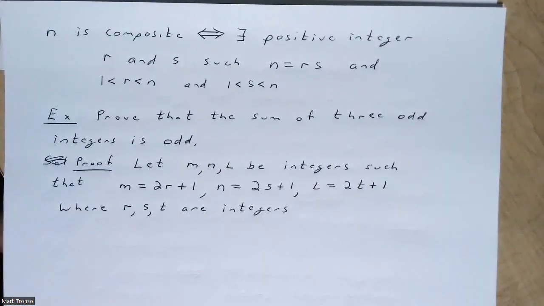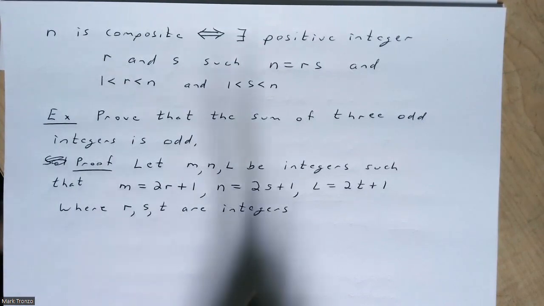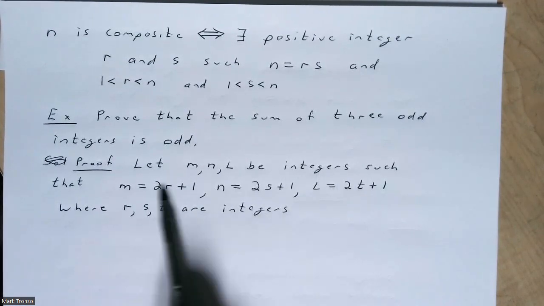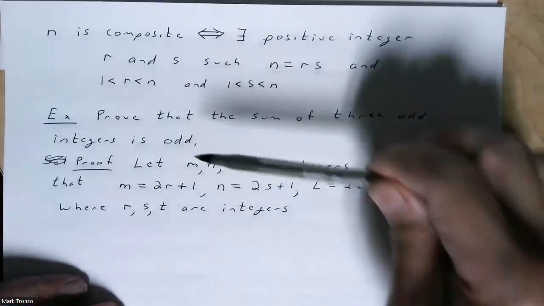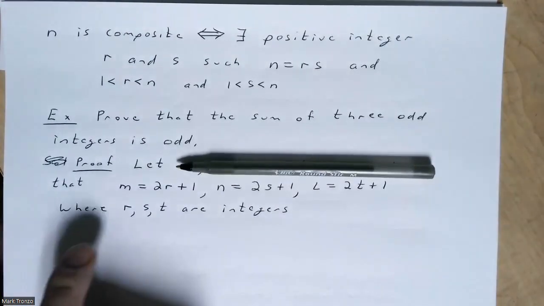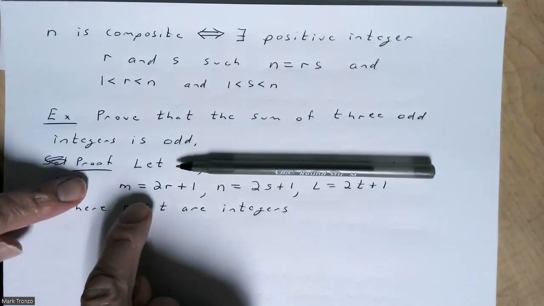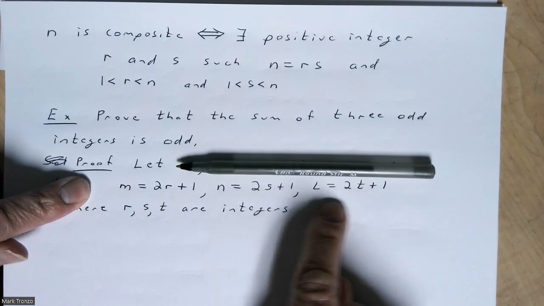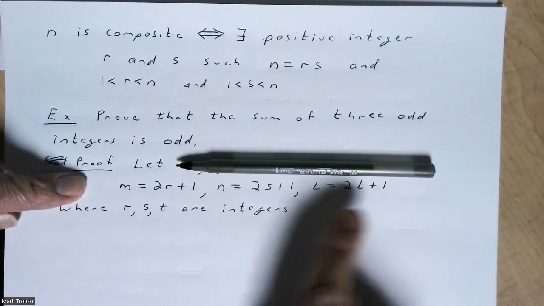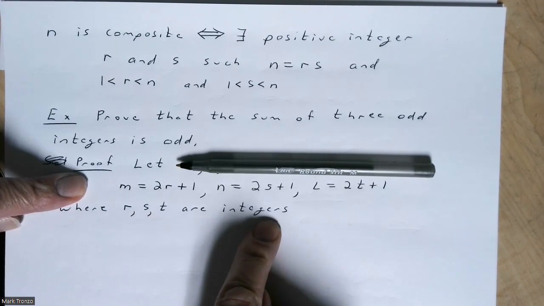So it's very important. Always start with let. Now I could have skipped this first part here. I could have just said let M equals 2R plus 1, N equal 2S plus 1, L equal 2T plus 1, where R, S, and T are integers.